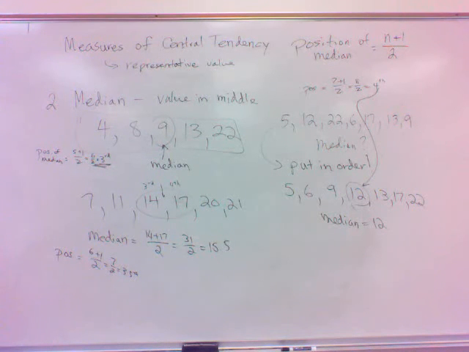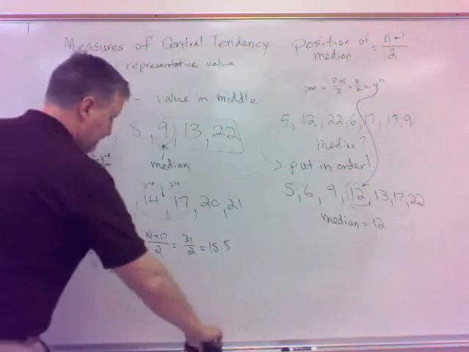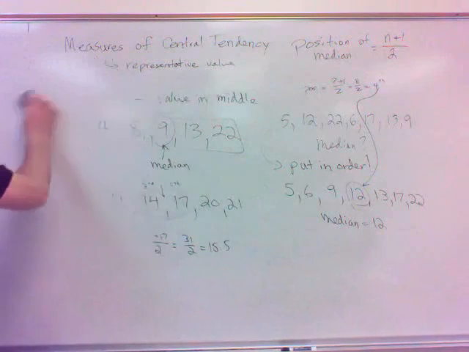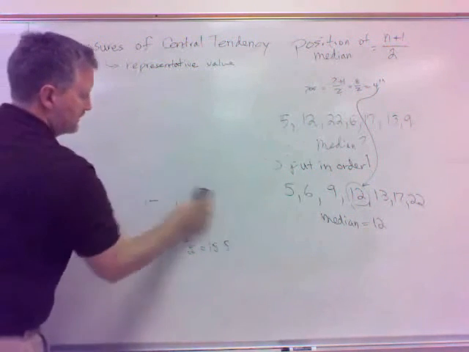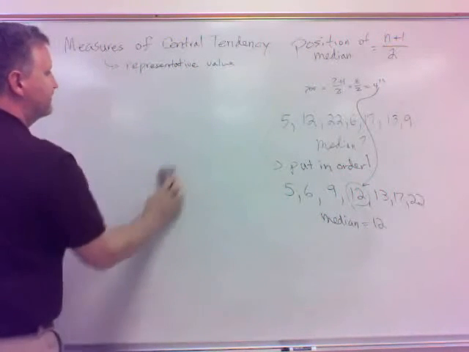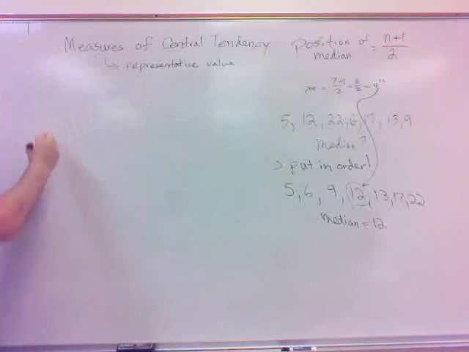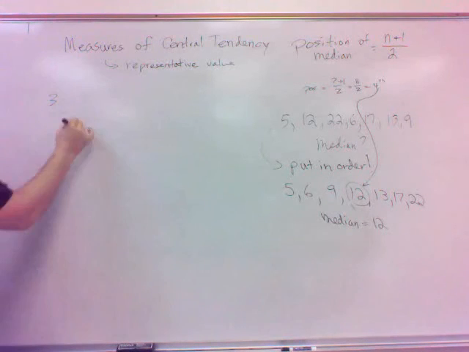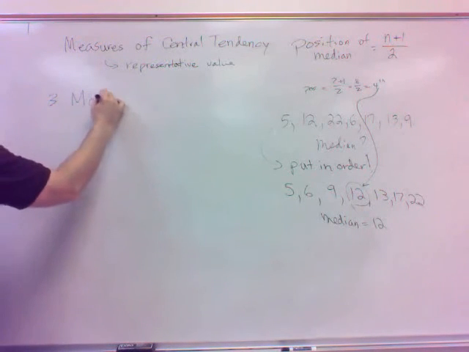All right. So what we need to do is talk about the third component of the measures of central tendency. The median is definitely a central value, because it's the one right in the middle. But there is a third one, and that third one is even simpler than those two.